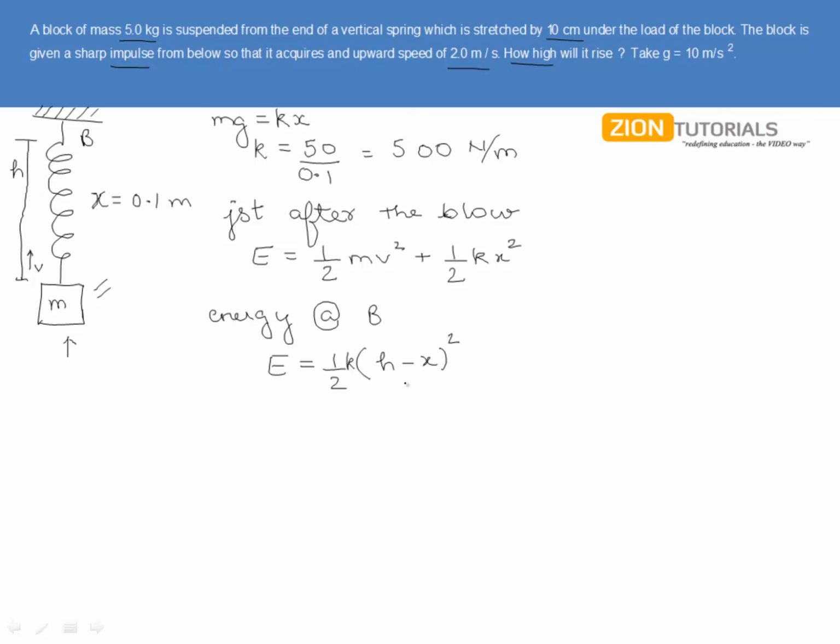Here it will be the mod of h minus x, but since it is squared, it makes no difference whether I put the mod or not. And when you go up, obviously the energy will be minus mgh. Right? Now equating both of these, we can say that h equals 0.2 meters.